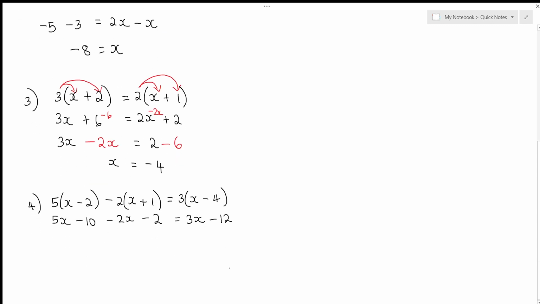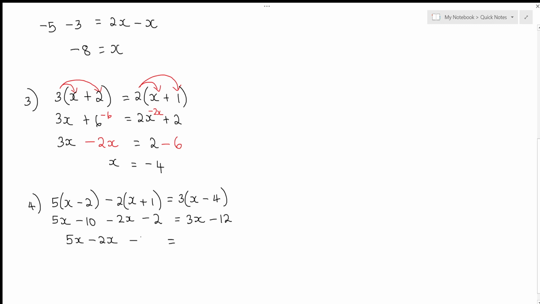So the idea here is to have our x's to one side, numbers to one side. So we're going to have 5x minus 2x equal to, and on my right-hand side, I have a 3x. So I need to move the 3x to the left. So I'm going to say 3x, the inverse of 3x is minus 3x on the right-hand side.